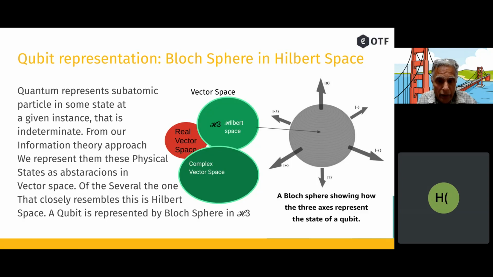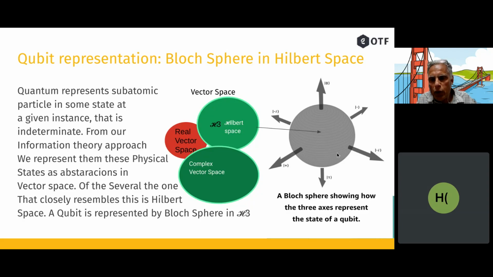But how do you represent it? One qubit is represented by the Bloch sphere, which is shown here on the right. So in this Bloch sphere, one qubit is in the Hilbert space, and it has 3 axes because it is 3-dimensional, a 3D Hilbert space.